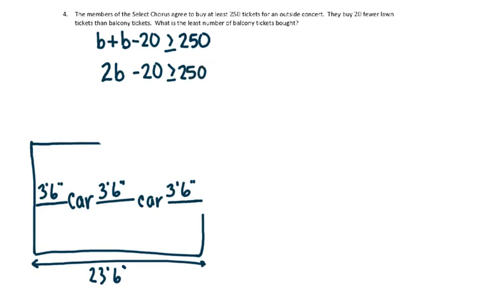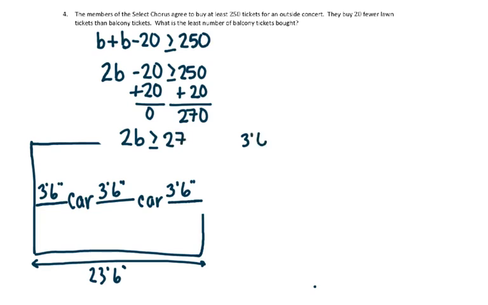And now, since that 20 is being subtracted from the left side of my equation, I'm going to add it to both sides of my equation because I am trying to get that B all by itself. So I'm left with 270 on the right side of my equation. So now I have 2B is greater than or equal to 270.